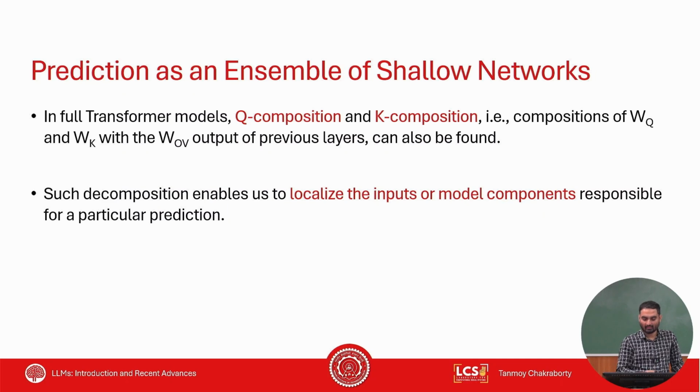It will also give you a localized view of the transformer model. We have seen we essentially segregated the feed forward part from the attention part, which would not have been possible if you had used the traditional way of describing a transformer.